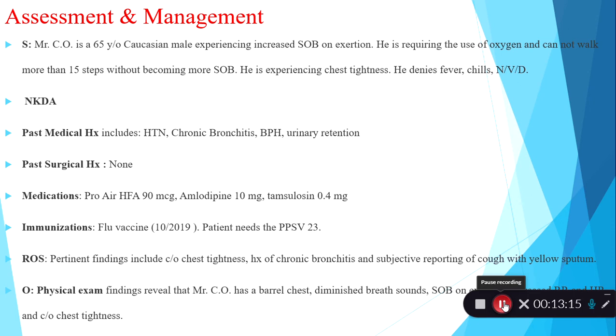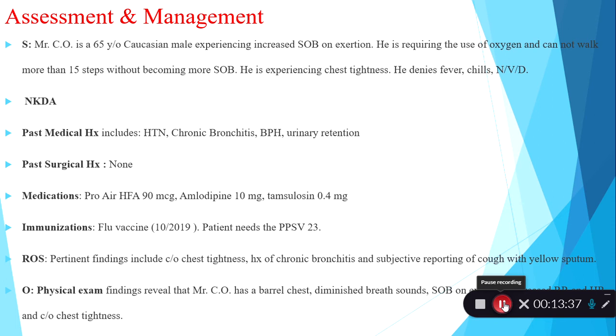He denies rashes and itching. He does not have a history of an MI or cardiac surgery. He denies chest pain, but does complain of chest tightness, and he has a positive history of hypertension.